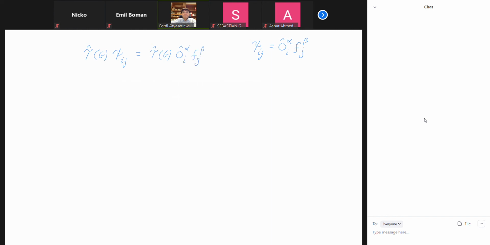Again, I would like to emphasize that what's important is not this f here, but rather the labels beta and J, because they tell us that that function transforms according to the beta representation. So I can just introduce here t times t to the minus 1.